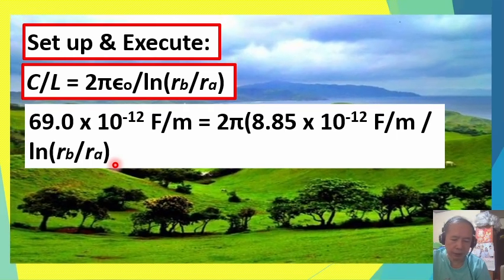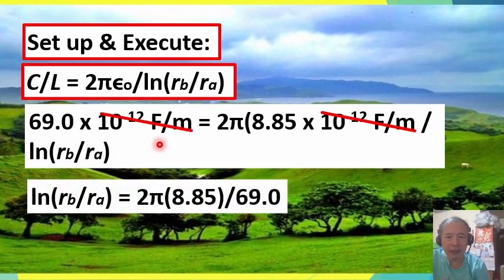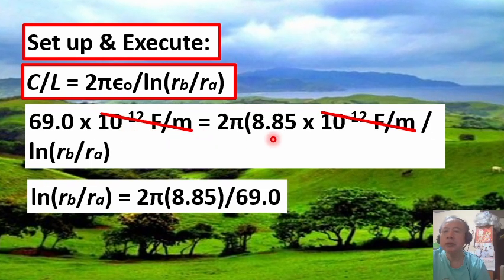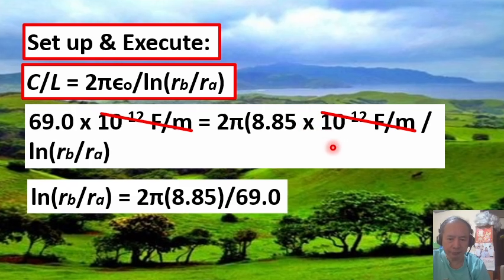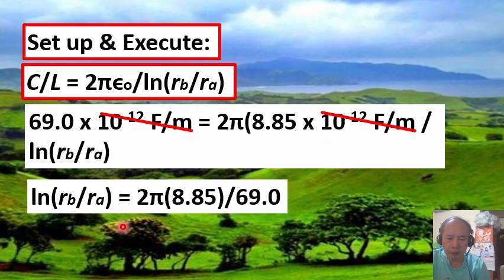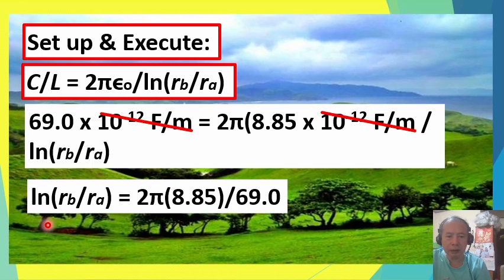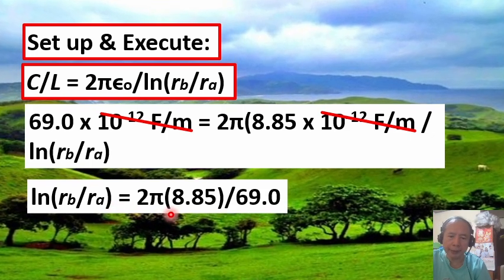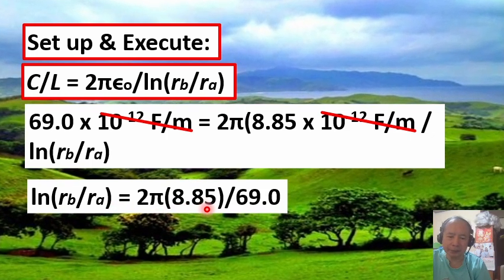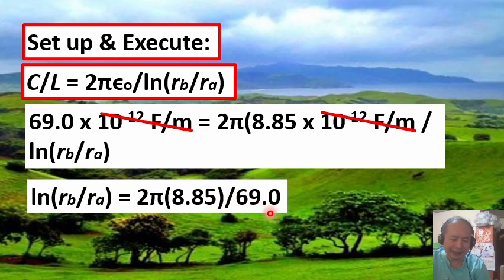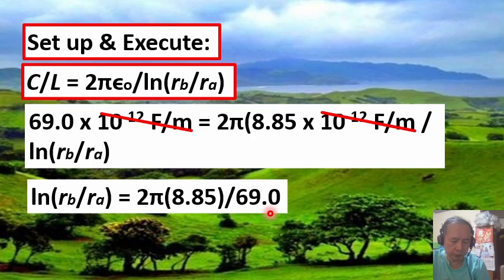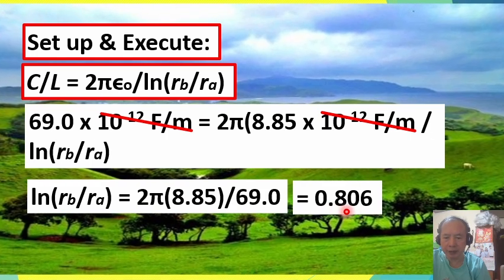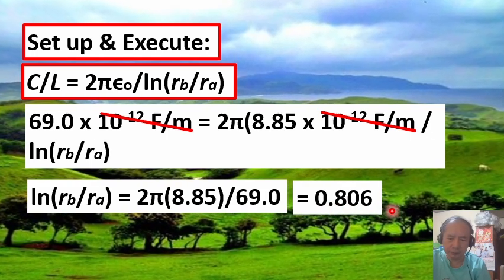Canceling 10 to the negative 12 farad per meter on both sides of the equation, we will have the natural log of the ratio R sub B over R sub A being equal to 2 pi multiplied by 8.85 divided by 69.0, which is equal to 0.806 in three significant figures.